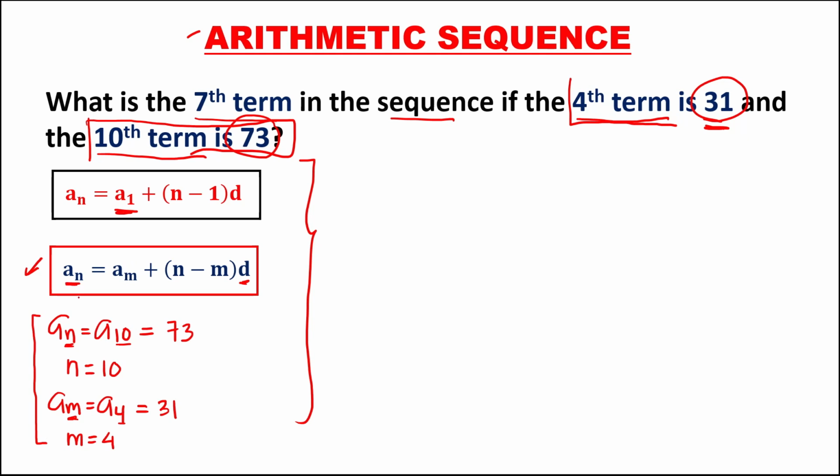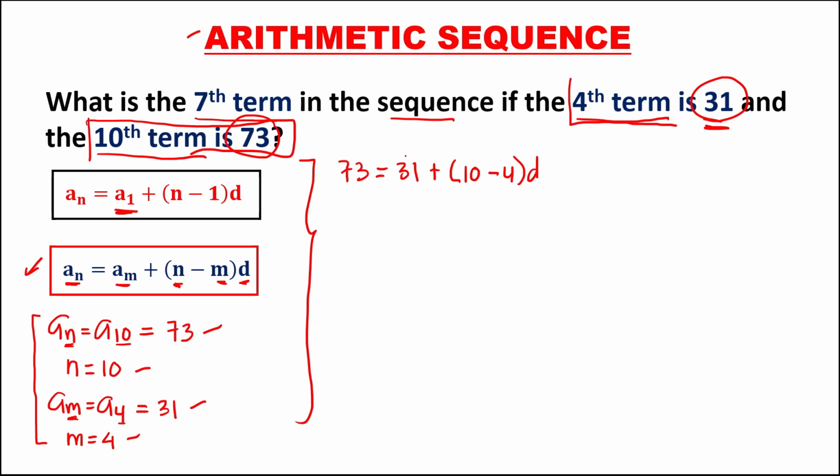So we have a sub n, that's 73, equals a sub m, that's 31, plus n, and n is 10, minus m is 4, times the common difference.